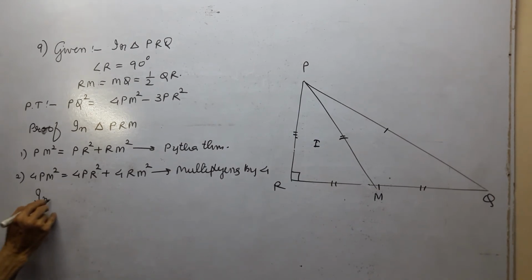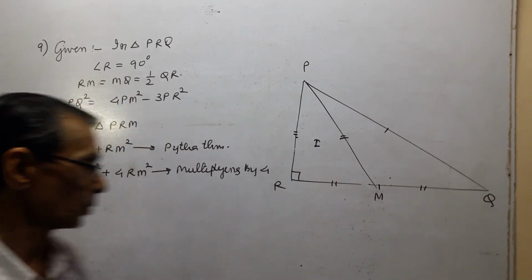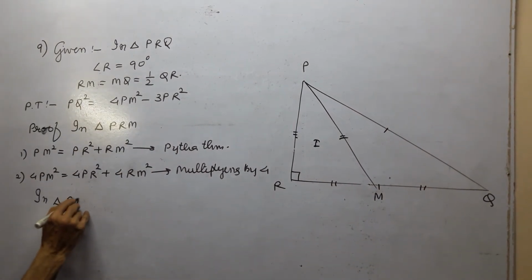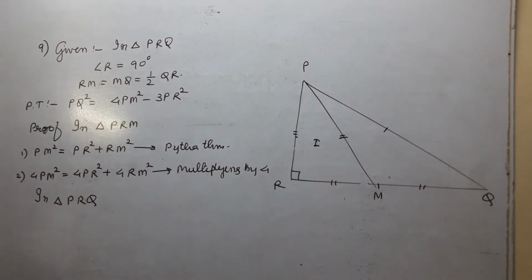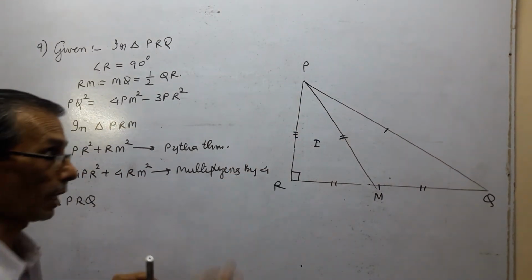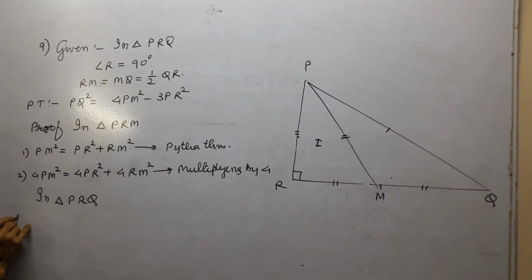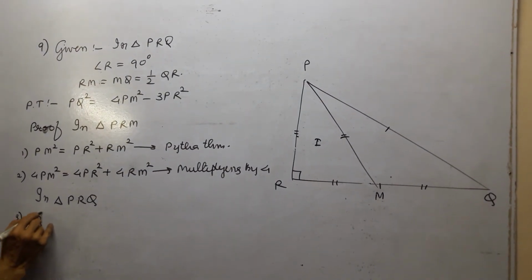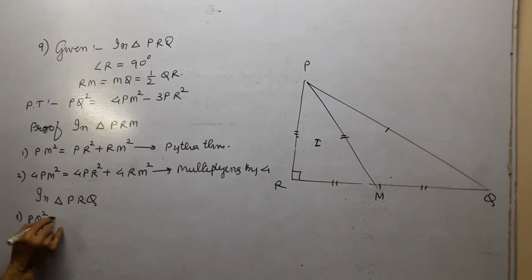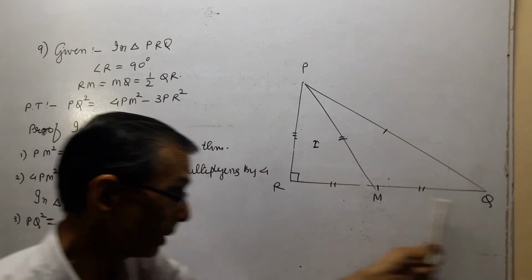Next, let us take triangle PRQ. Again, R is 90 degree, and therefore we are going to apply Pythagoras theorem for this triangle PRQ. So PQ square is equal to PR square plus RQ square.